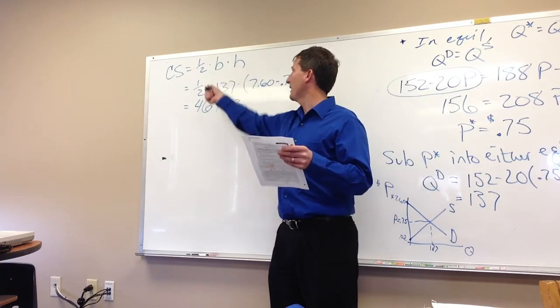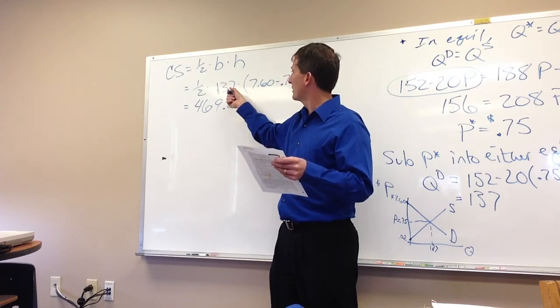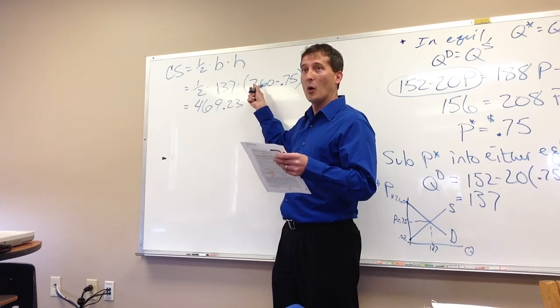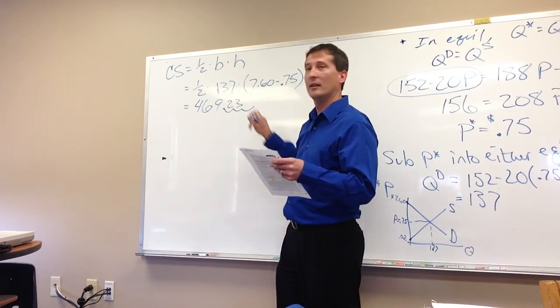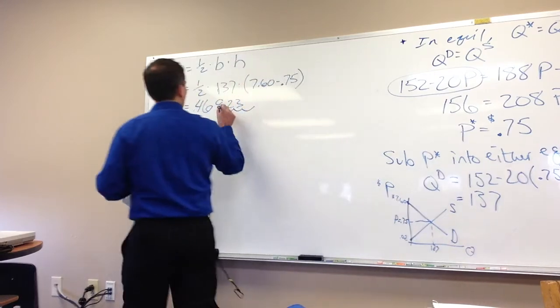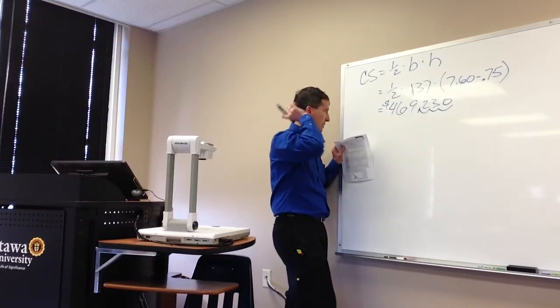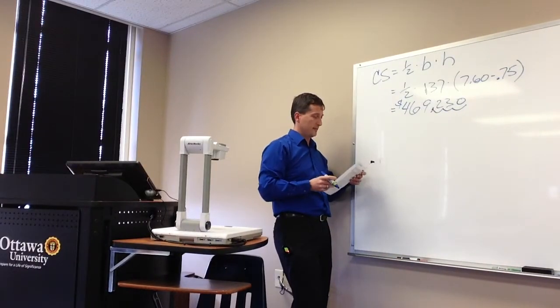One way to think about it is 137,000. So we could go back and shove the zeros in here, or it's completely legitimate to shove them in here. So we've got $469,000 worth of consumer surplus.